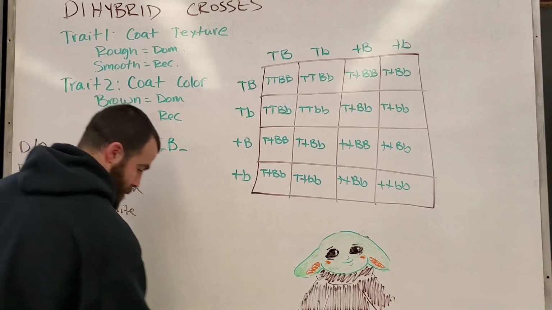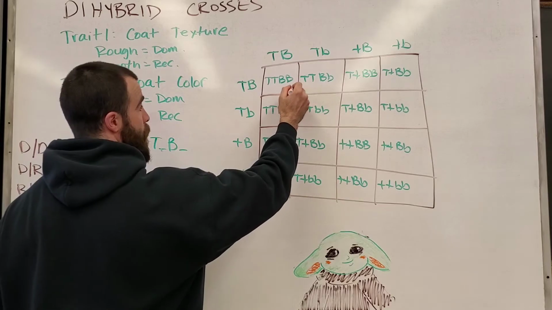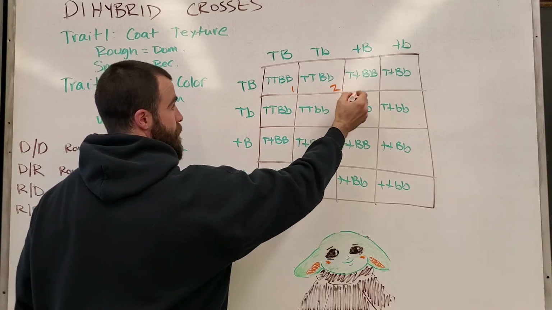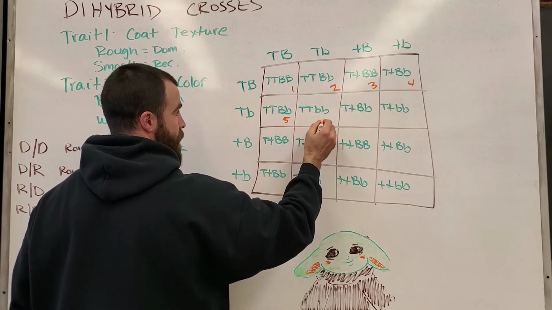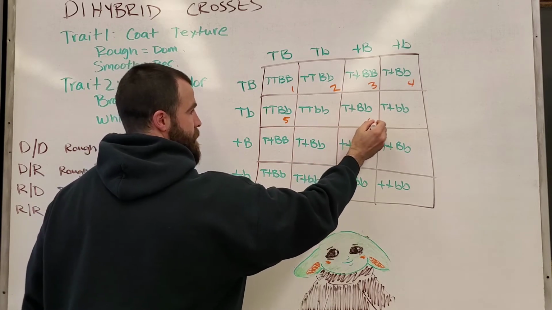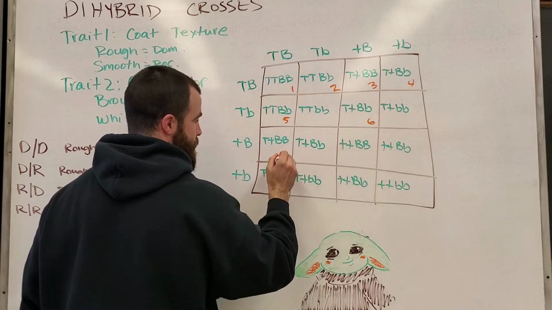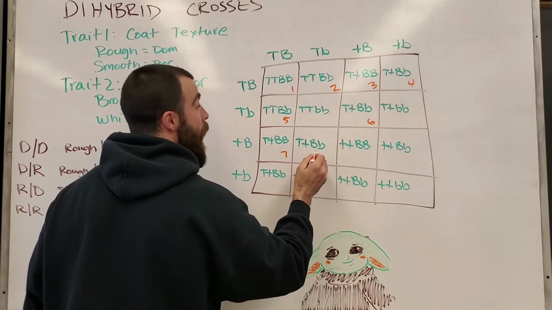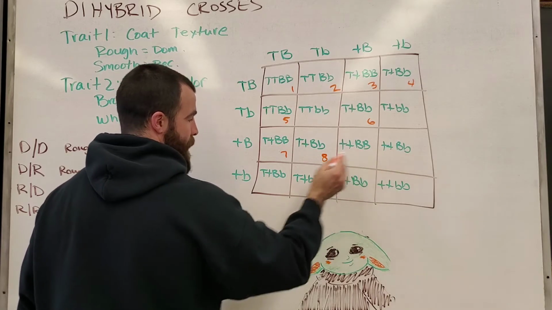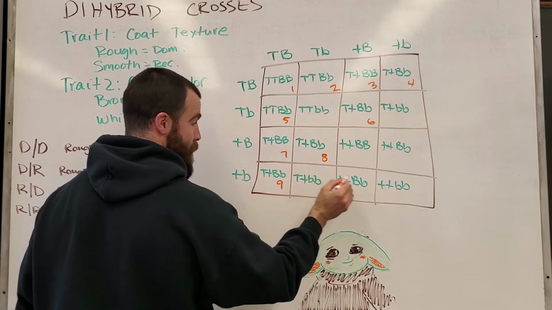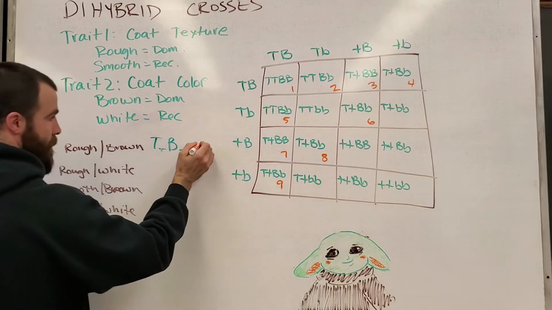We've got 1, 2, 3, 4, 5, 6, 7, 8, 9. So we have 9.